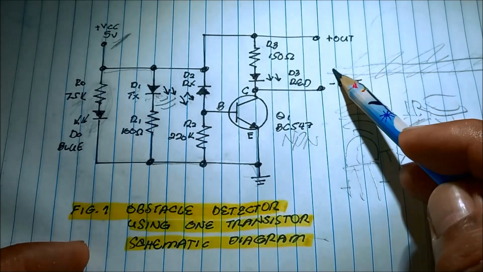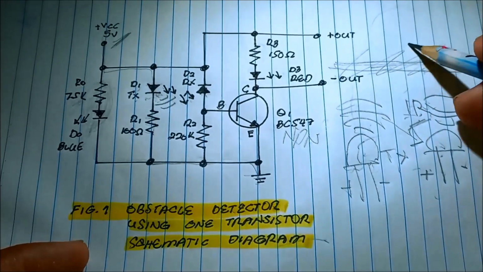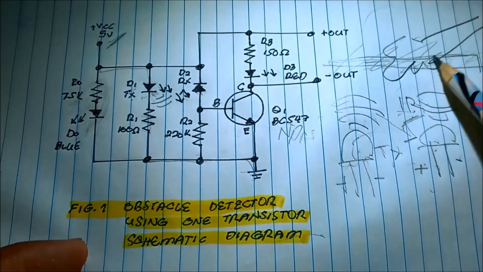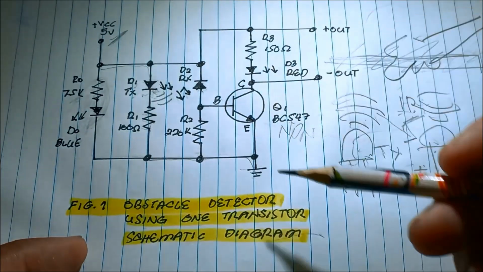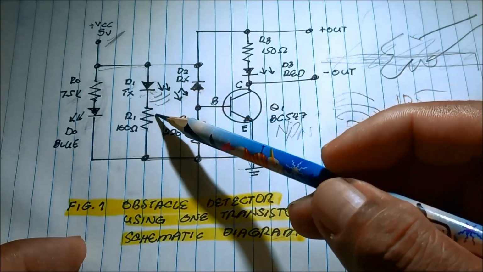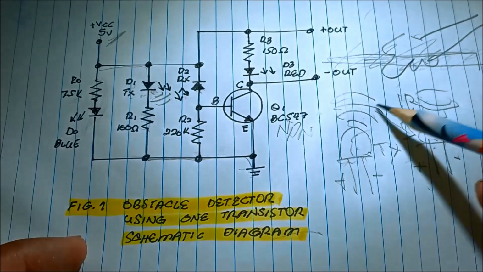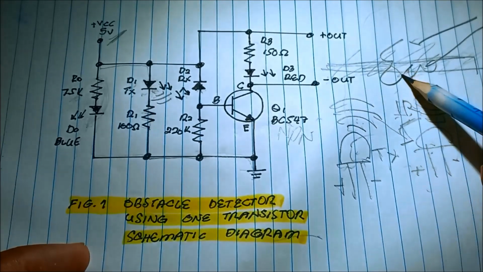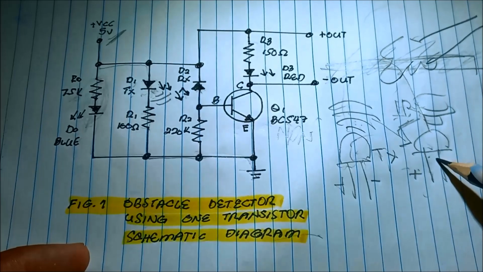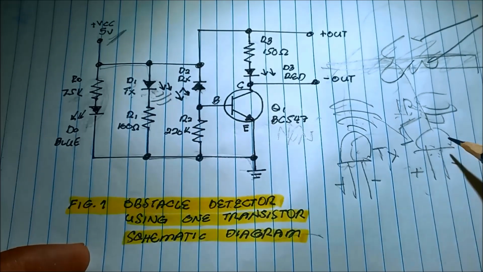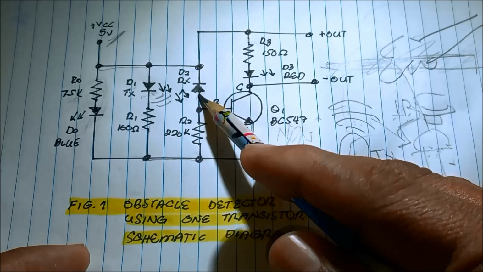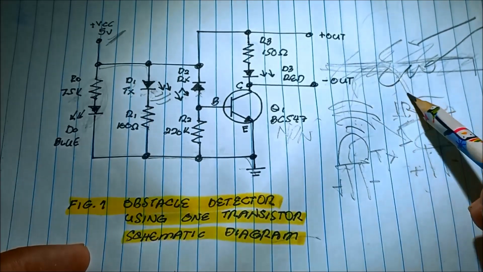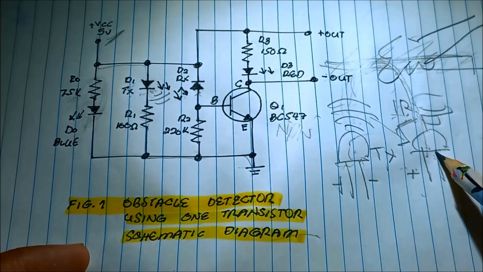But if there's an obstacle, for example, using our hand, the tendency of the signal is to bounce back to be received by the receiver. So there is a returning signal to the receiver.